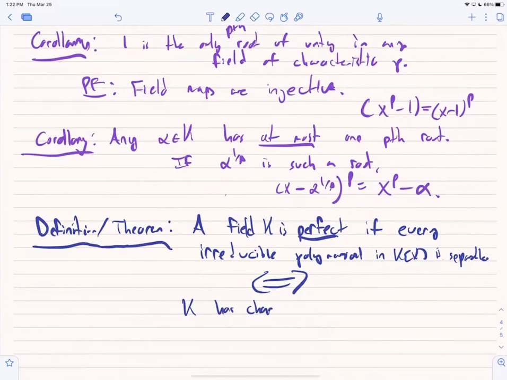So that's something we've already seen, that when K is characteristic 0, every irreducible polynomial is separable. And then the thing we haven't quite seen yet, but we're very close to because of this classification of inseparable irreducible polynomials we wrote down, is that K is perfect if and only if K has characteristic 0 or the characteristic of K is equal to p, and the Frobenius map is surjective.